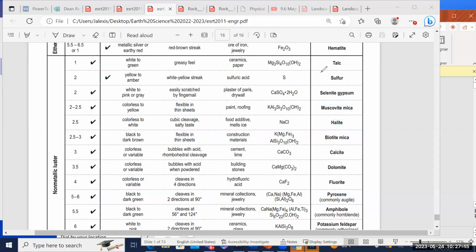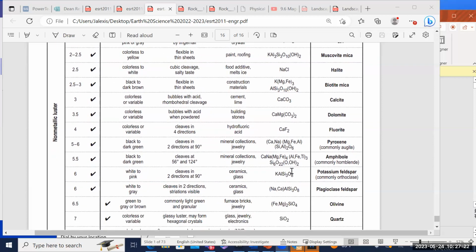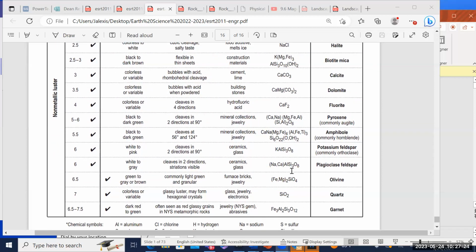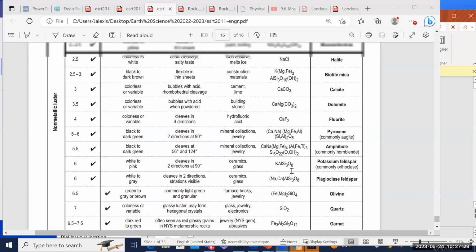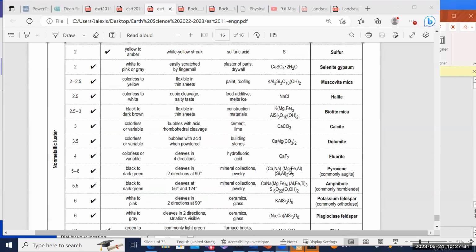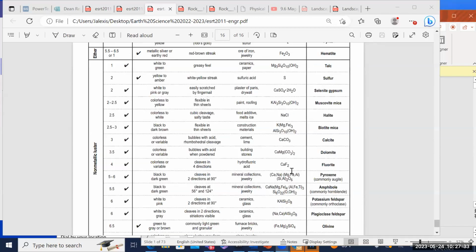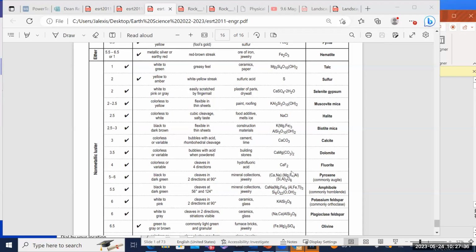All right, let's take a look at sulfur and amphibole. When I scroll down, I'm looking for sulfur. Automatically, sulfur has the fracture check. So it cannot be sulfur because it has fracture.